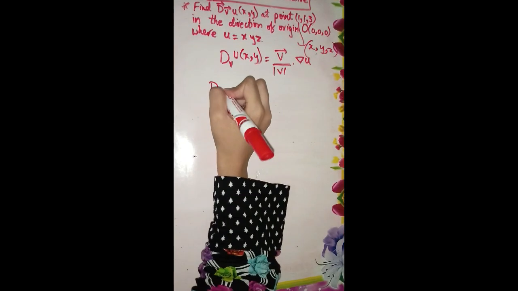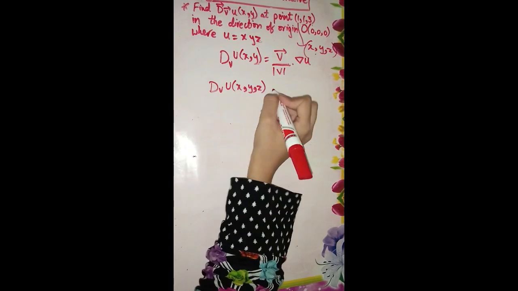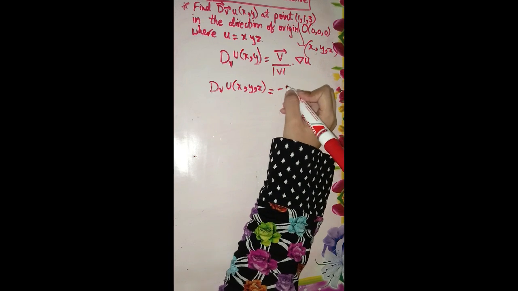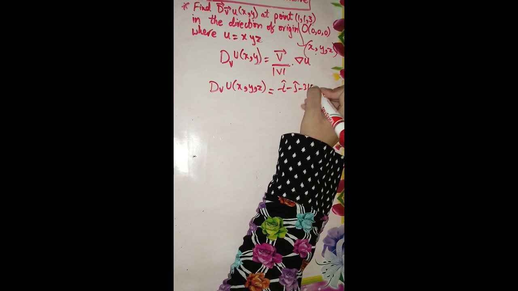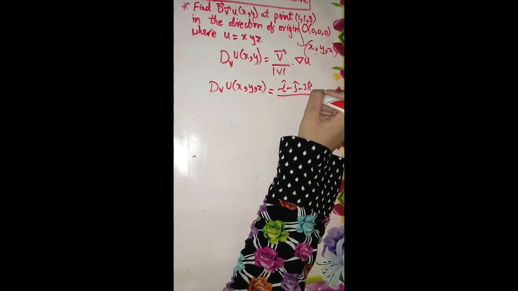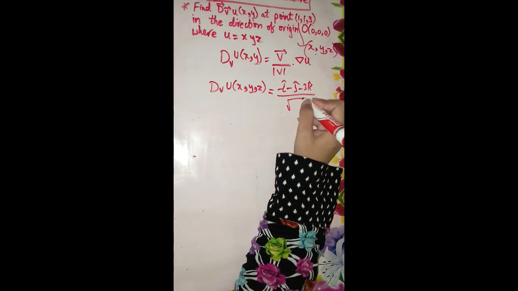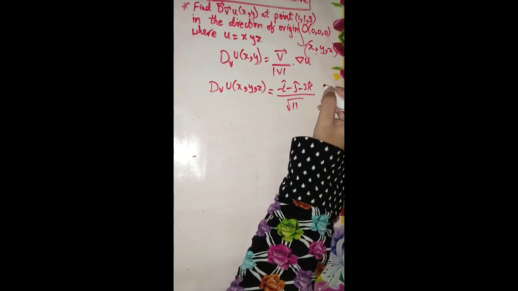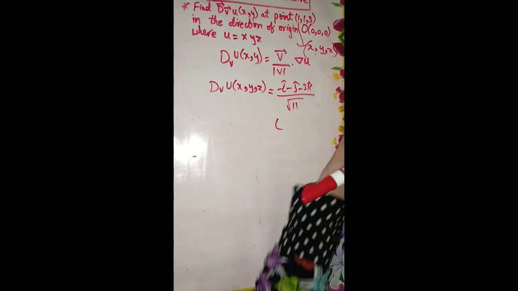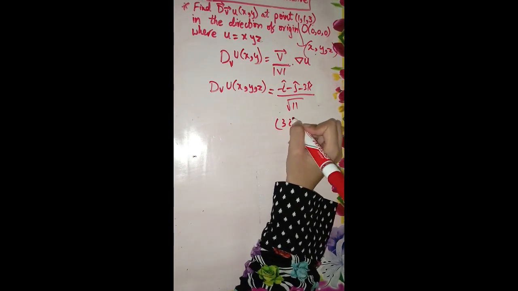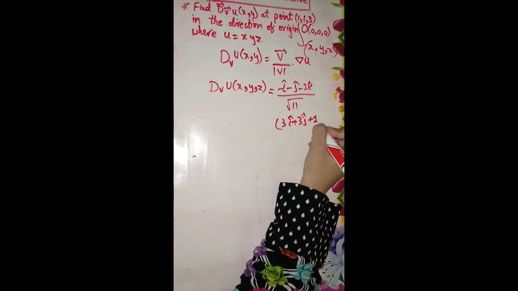So the directional derivative will be minus i hat minus j hat minus 3k hat, divided by the value of the determinant, that is under root 11, and we have to multiply the value of del u with it, that is 3i hat plus 3j hat plus 1k hat.